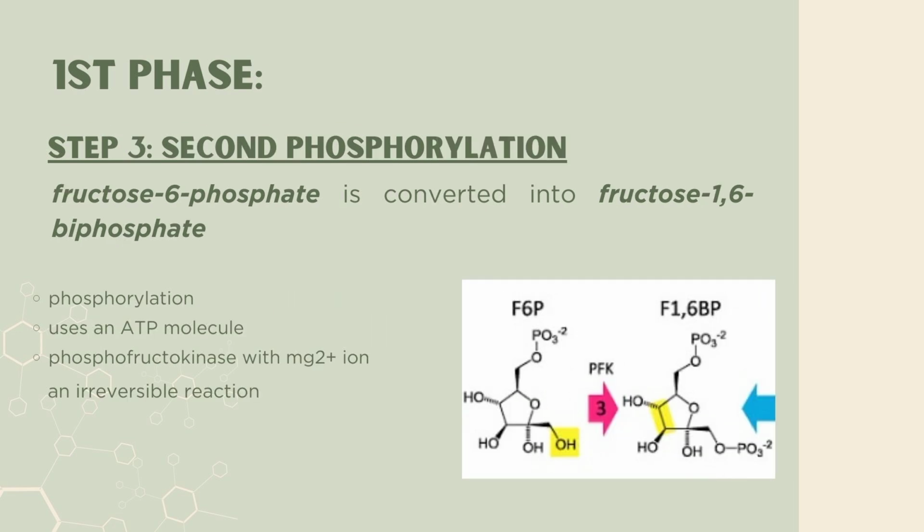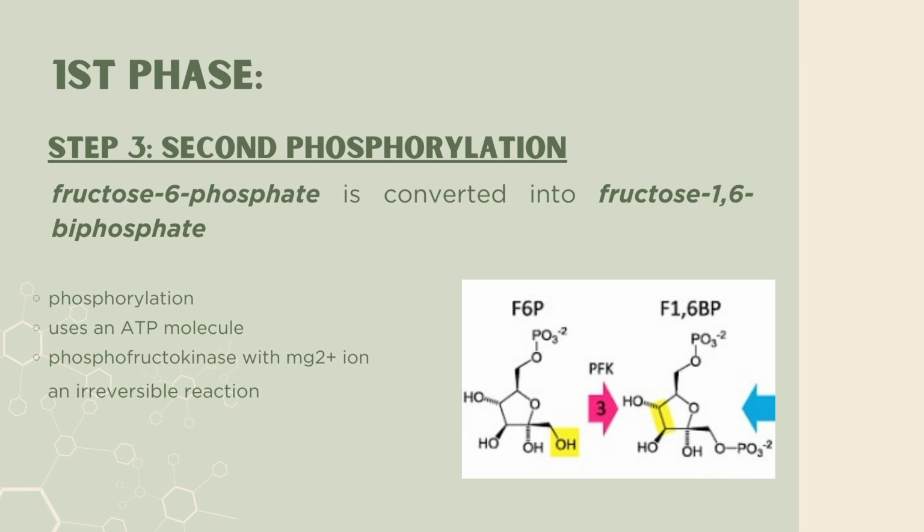In the third step, the fructose 6-phosphate from the previous step is transformed into fructose 1,6-bisphosphate through phosphorylation. The hydroxyl group from the fructose 6-phosphate is replaced with a phosphate group. Thus, the product side of the reaction contains two phosphate groups.